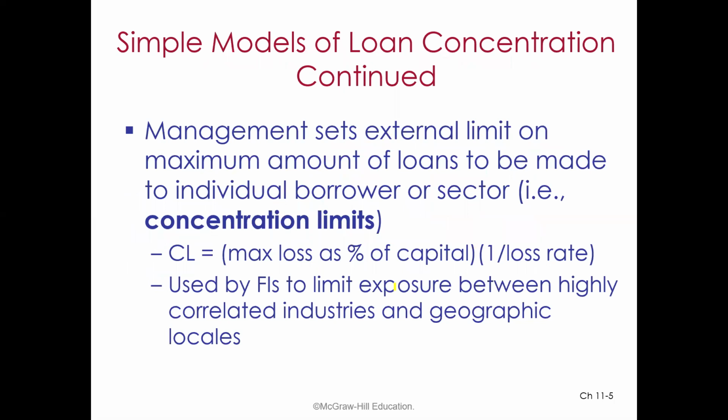The second simple model requires management to set some external limit on the maximum amount of loans that will be made to an individual borrower or sector. Okay, this is known as a concentration limit.